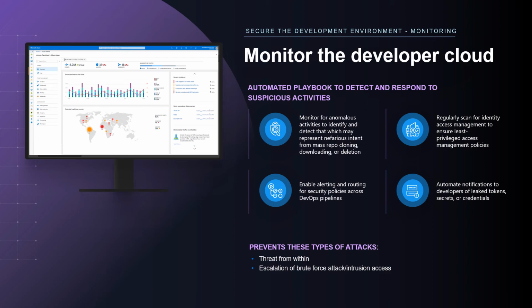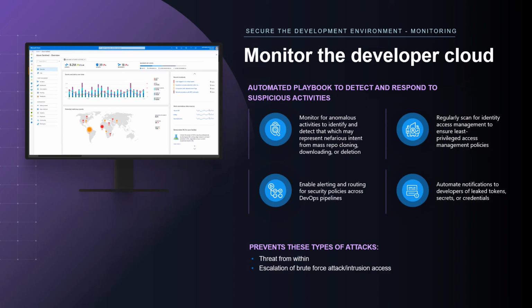Your organization should automatically detect and respond to suspicious activities. Here are a few things that your organization can do. First, ensure that you are monitoring for anomalous activities to identify and detect activities that are nefarious, from mass repo cloning to downloading or deletion. Make sure that you enable alerts and routing for security policies across DevOps pipelines.